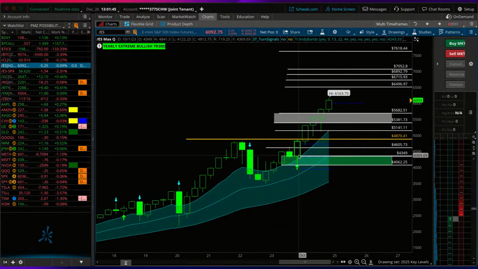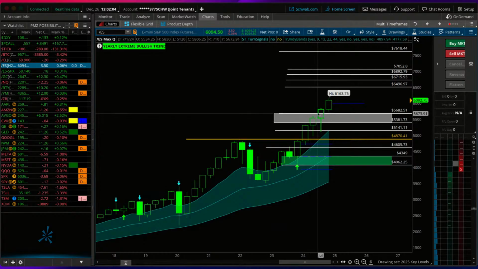We created a demand zone in October of 2023, and that demand zone is at 43.49 by 40.62.